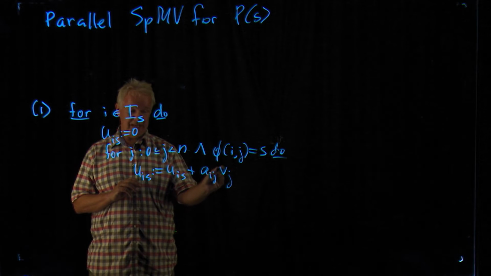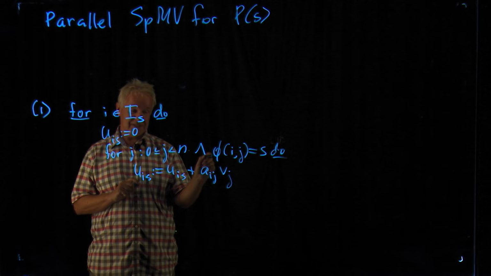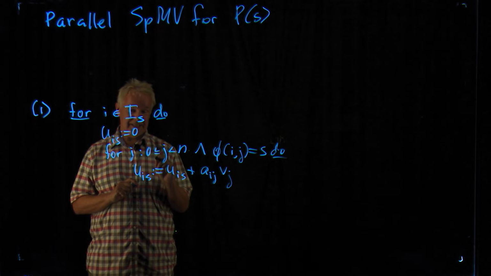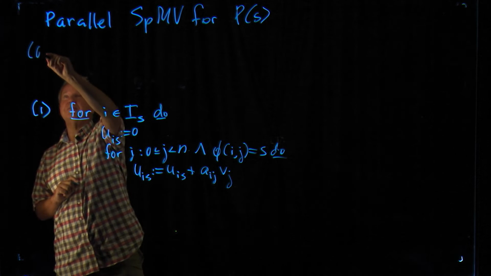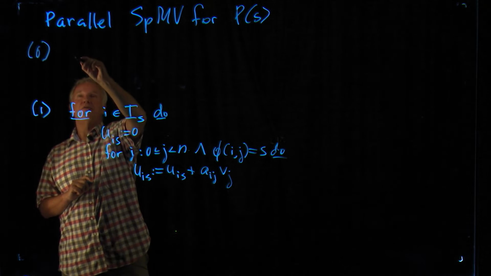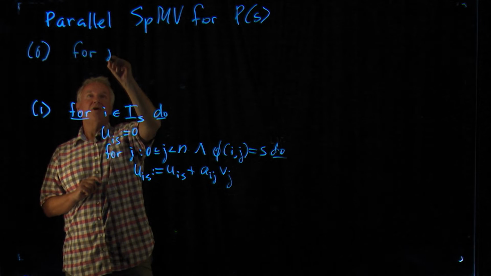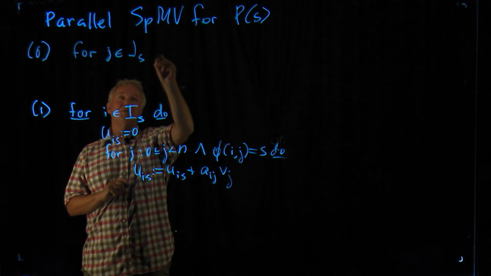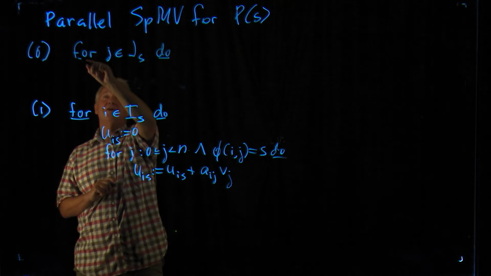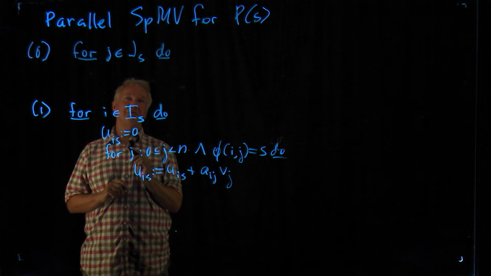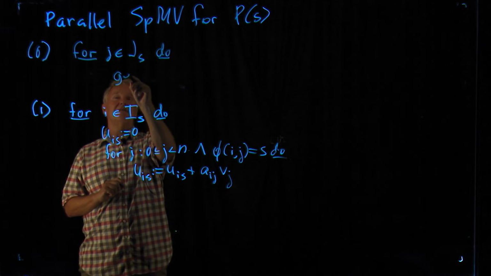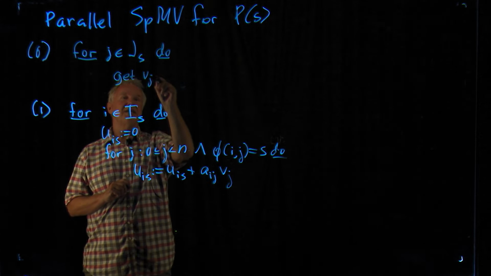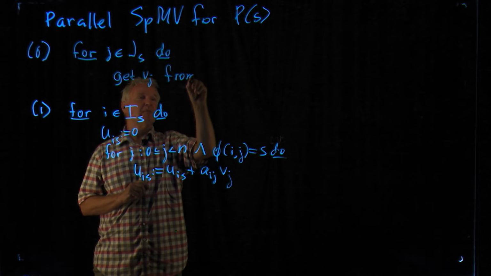But this vj that we have here may be on a different processor. So we need to get it in superstep 0. For all the j that I need, and that's what we have the column index set JS for, we need to get vj from its owner.